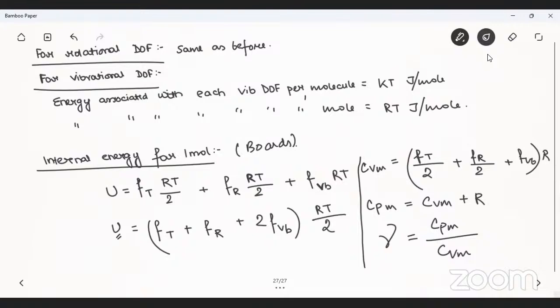Now, what will be coming in your exam? Find out CPM, CVM, and gamma for number 1, helium, which is in gaseous phase.